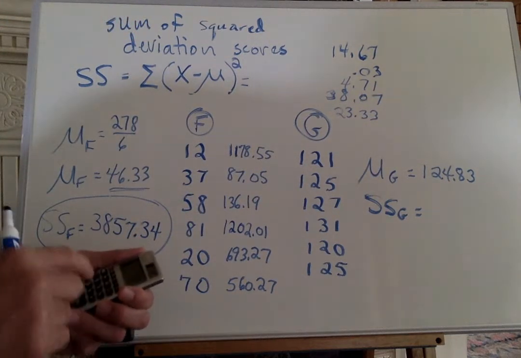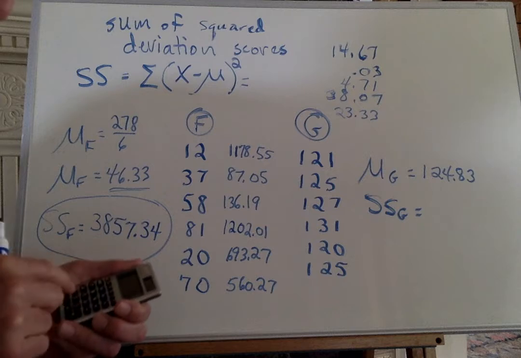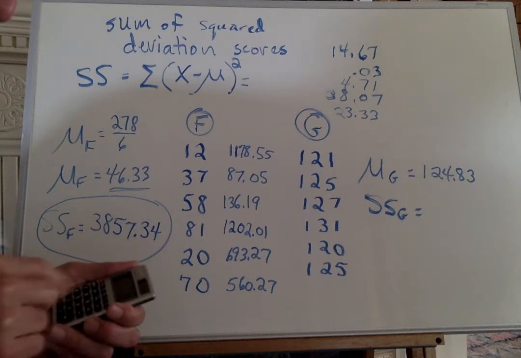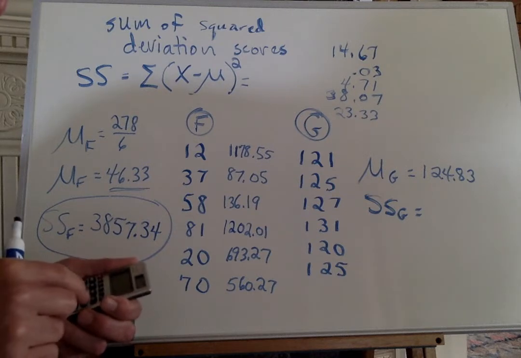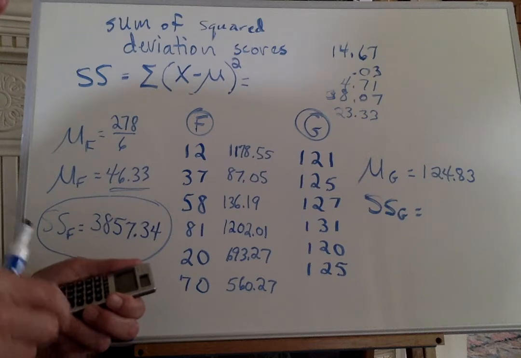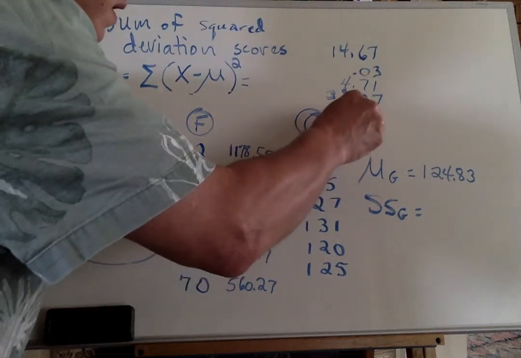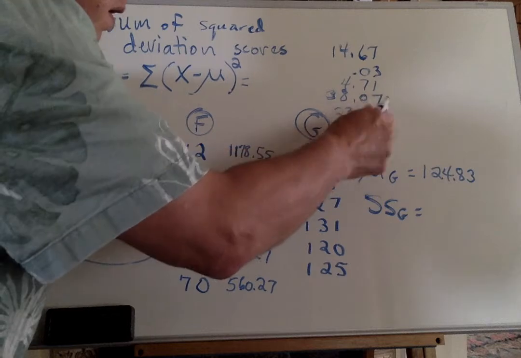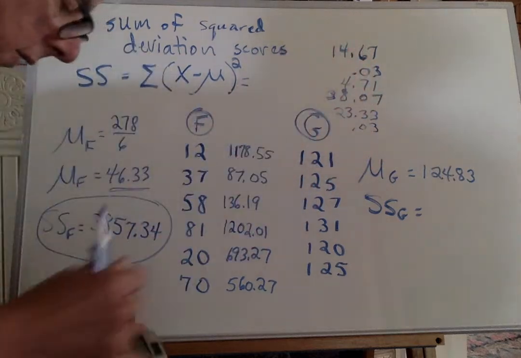Okay. And 125 minus 124.83, another small one, 0.03. 1, 2, 3, 4, 5, 6.